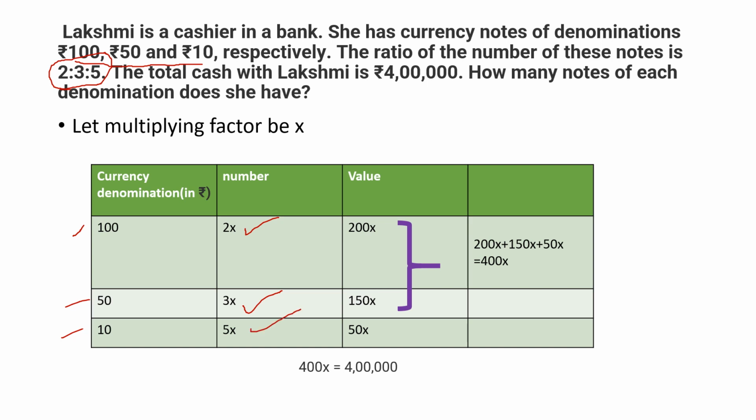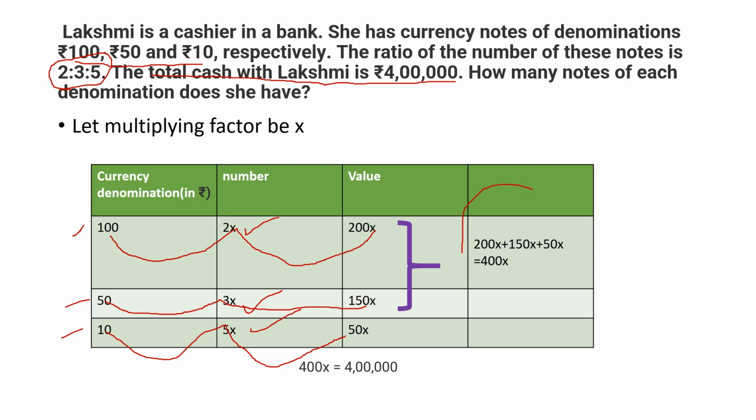Now what will be the value? The value will be 100 into 2x, that is 200x, 50 into 3x, that is 150x, then 10 into 5x, that is 50x. As per the question, the total cash is 4 lakh rupees.